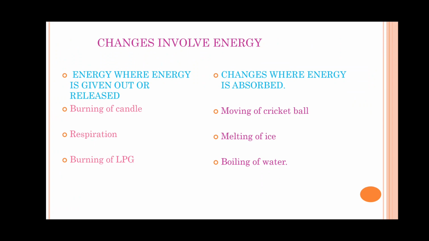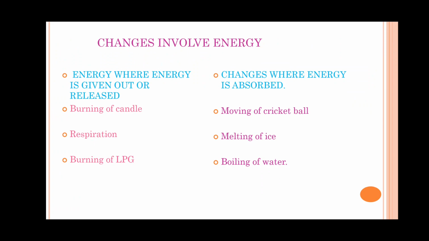So, when LPG burns, it produces energy, and that energy is used by us to prepare our food or to prepare some other items. Similarly, in some changes, energy is absorbed. For example, when we burn the paper, the energy supplied gets absorbed for bringing about the desirable change.